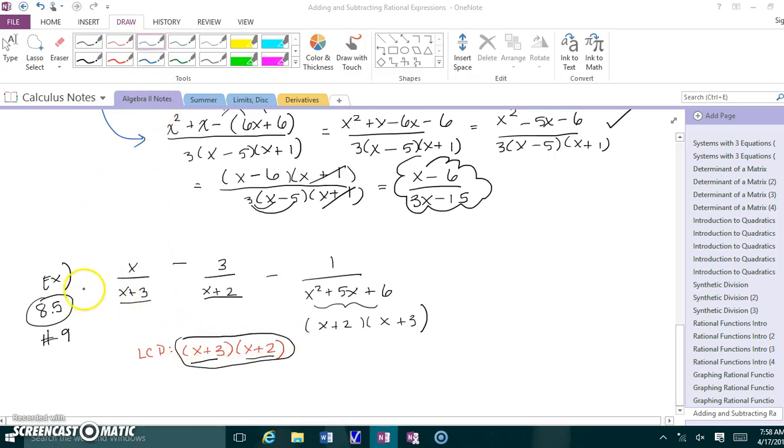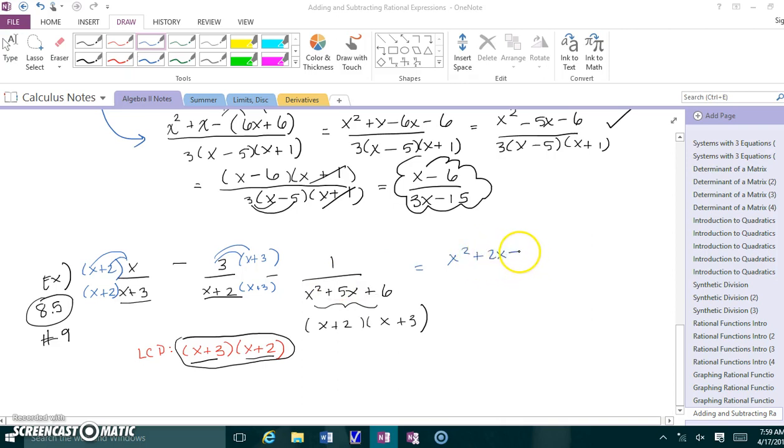All that this one needs is an x plus 2. All that this one here needs is an x plus 3. And this one here already has both of them, so I don't have to multiply by anything. So then what you would do is distribute, and it'd be minus 1. So it'd be x squared plus 2x.